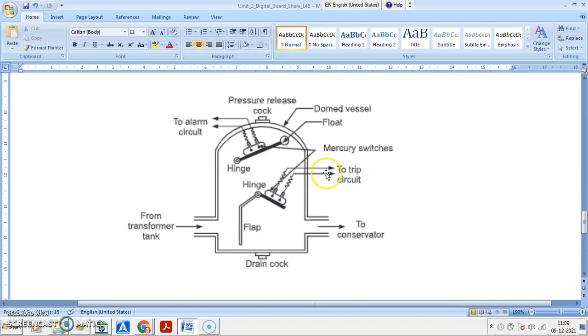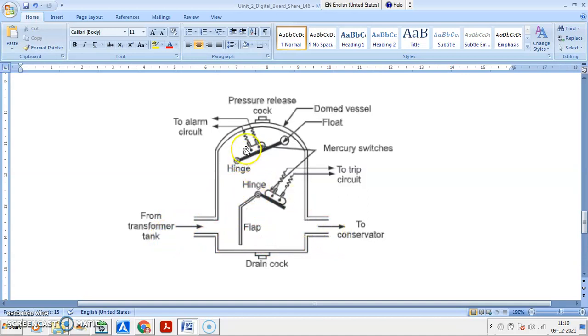So the design of the flap with hinge, this flap and float with hinge, is important, so that the mechanical operation depends upon the pressure of oil or gas rushing from the transformer to the conservator.